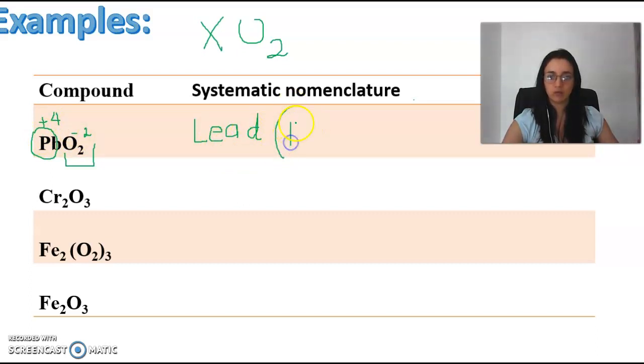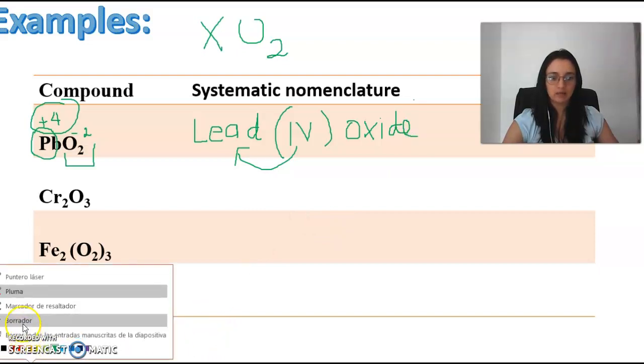So I need to write number 4 in Roman numbers because that's the oxidation state of lead. So lead, name of the element, oxidation state of the element, and then the anion. In this case, the anion is oxygen with the ending "ide" for oxide. Okay, so that's the particular step, adding the Roman numbers.